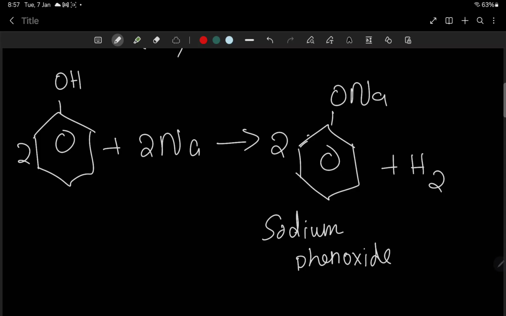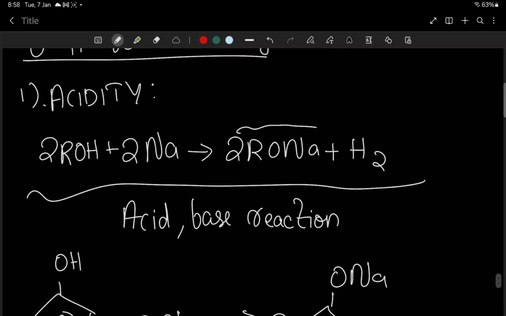So this is showing us the acidity of alcohol and phenol. That is, what we did now is reaction with metals. These are examples for reaction with metals. Okay, perfect.